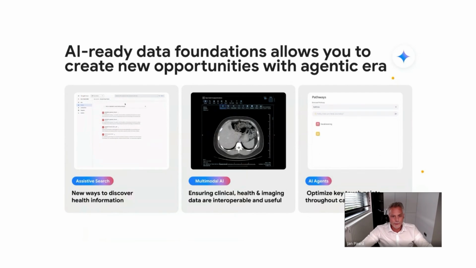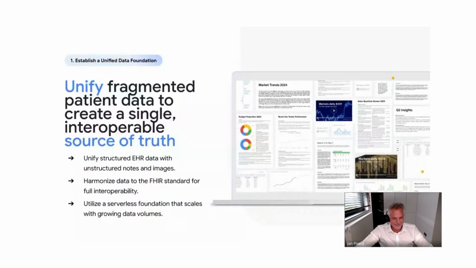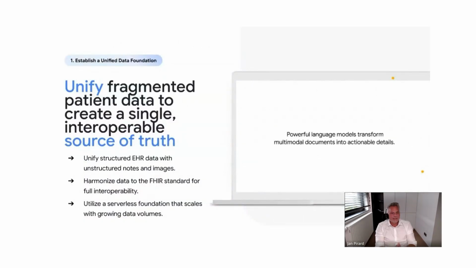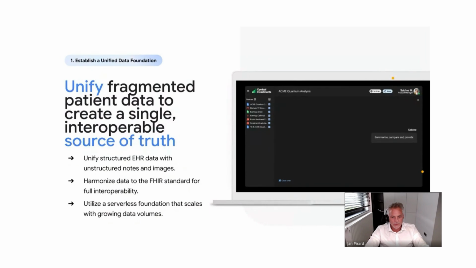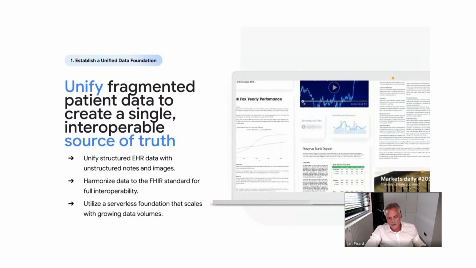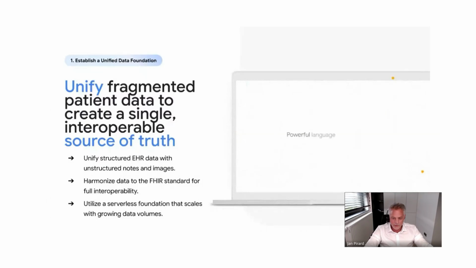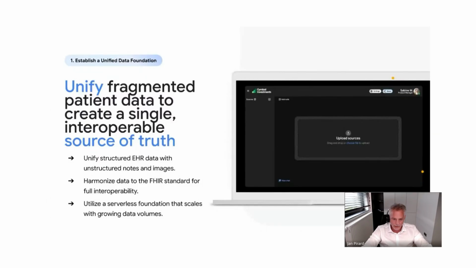But okay, how do we get there? Everything begins with a unified data foundation. You cannot achieve AI-driven healthcare when all your data is locked into hundreds of different systems. And it doesn't depend on whether you're a small hospital, an underfunded hospital, or a really rich and really big hospital. They all have the same problem.